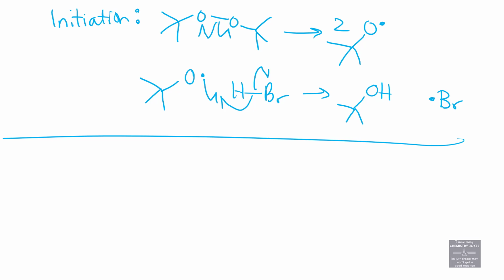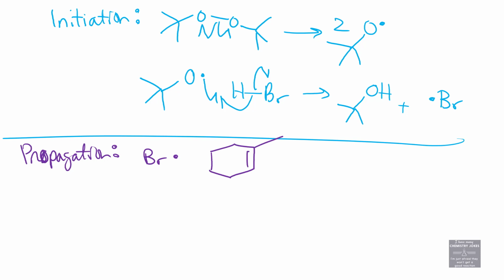And like we've said previously, the bromine radical is quite stable, so that bromine radical can sit around for a little while until something appealing comes along, and then he starts reacting. He can react in a propagation step, starting with a bromine radical adding to our alkene.